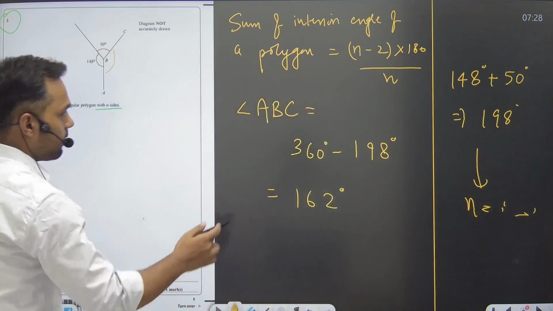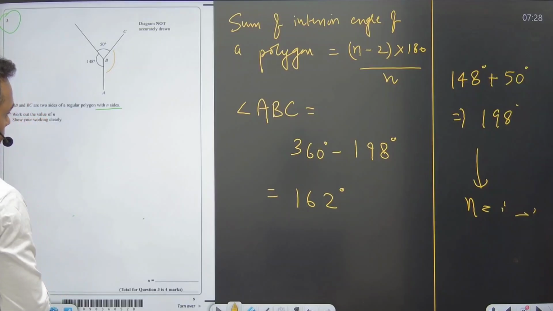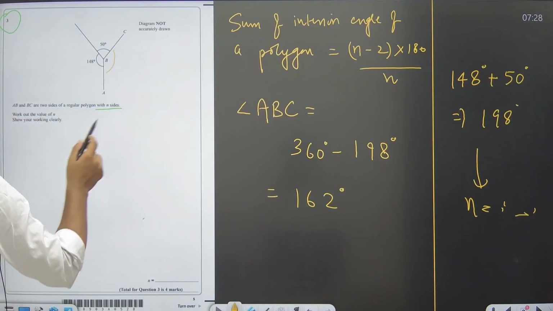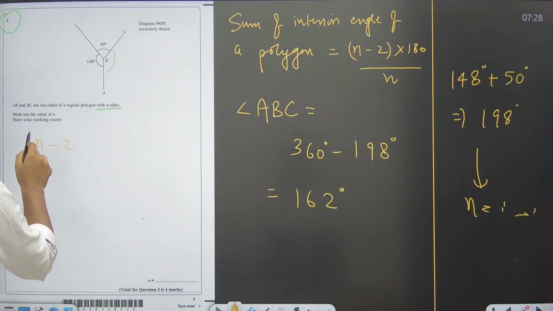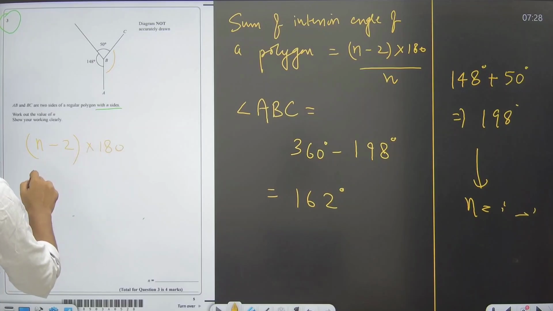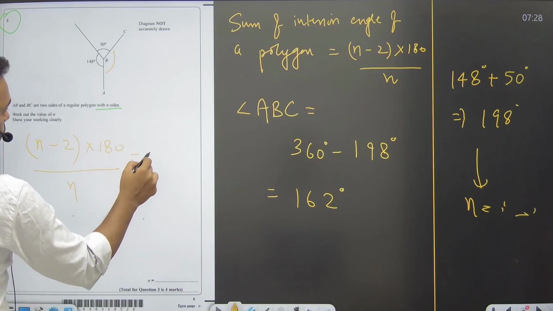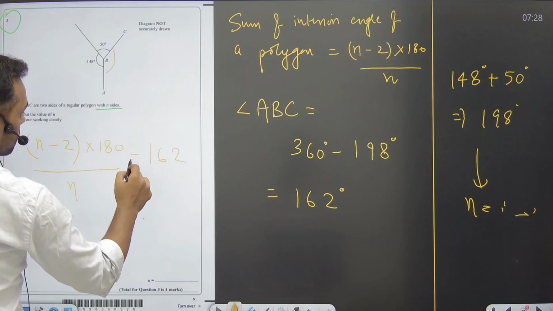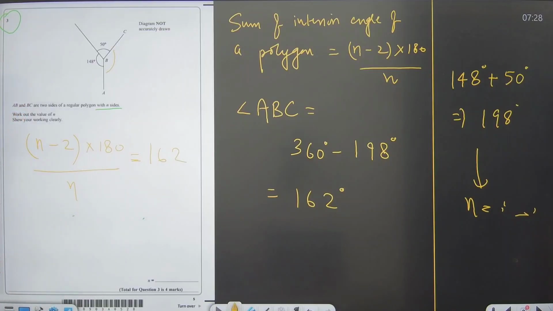Now if I say that angle ABC will be 162 degree, plugging the values we will get (n negative 2) cross 180 by n is equals to 162. Okay, now we'll substitute the value there.